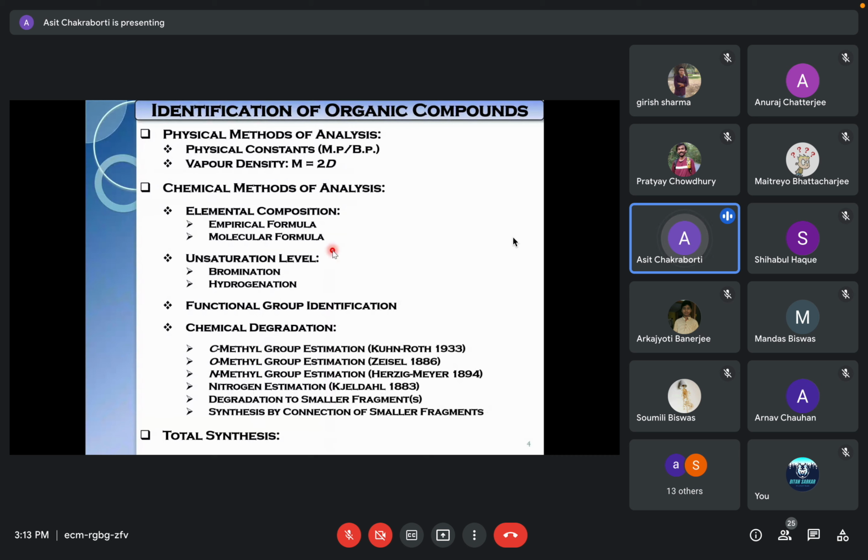Then you have the molecular formula. Then you try to find out what other structural features are present, that is, the functional groups. In this case, an unsaturation is also considered a functional group, and that is the reason I discussed earlier the functionality level and unsaturation level.